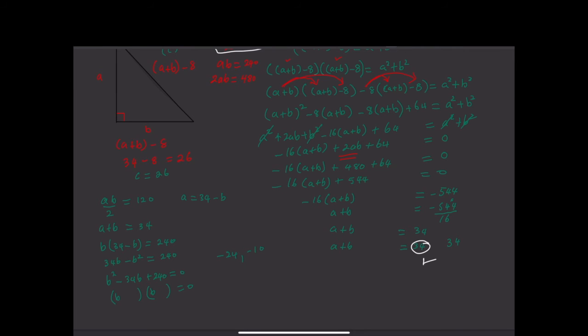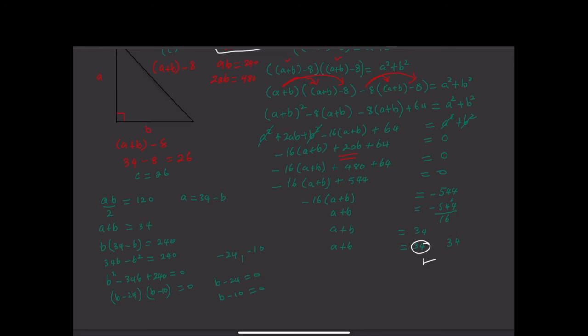Because if I did minus 24 plus minus 10, that would give me minus 34b. And then if I did minus 24 times minus 10, that should give me positive 240. So therefore I have minus 24 and minus 10. It doesn't matter whether I put it in the first parentheses or the second. So now my statement is b minus 24 is equal to 0, or b minus 10 is equal to 0.